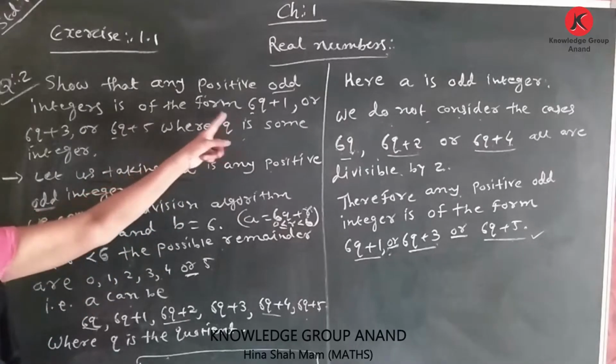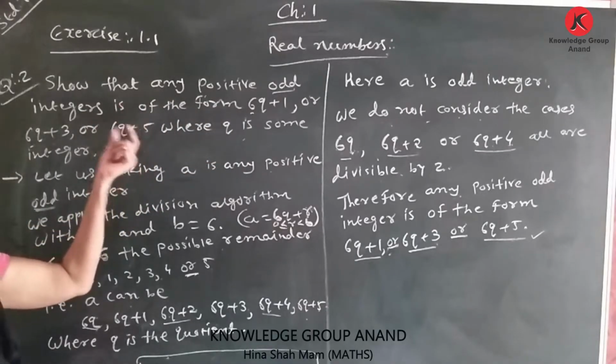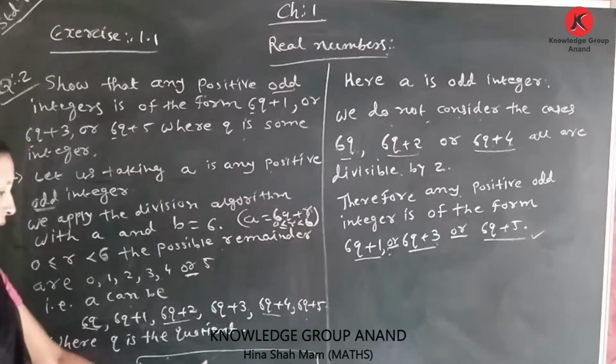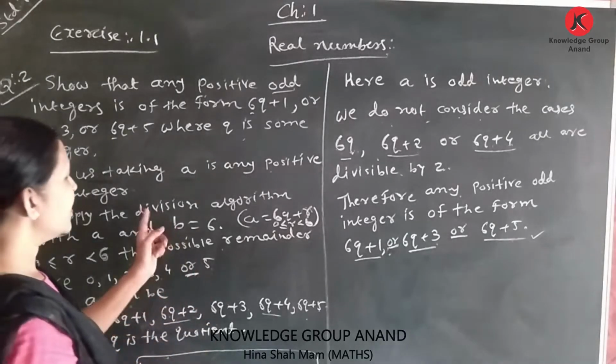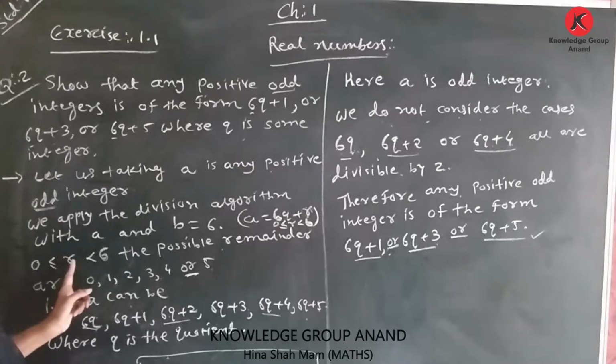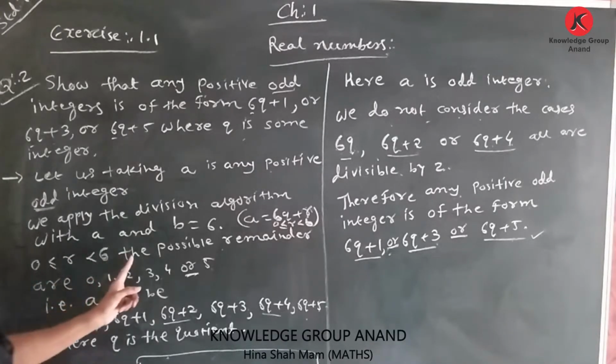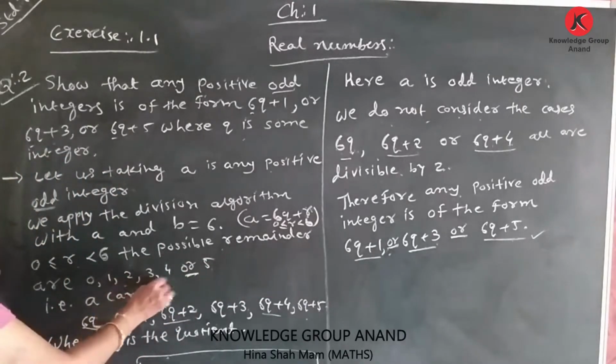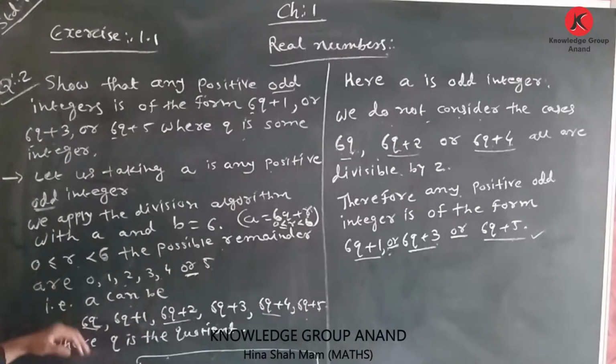Why 6? Because we are given 6q plus 1, so in bq plus r, b is equal to 6, and 0 is less than or equal to r, less than 6.